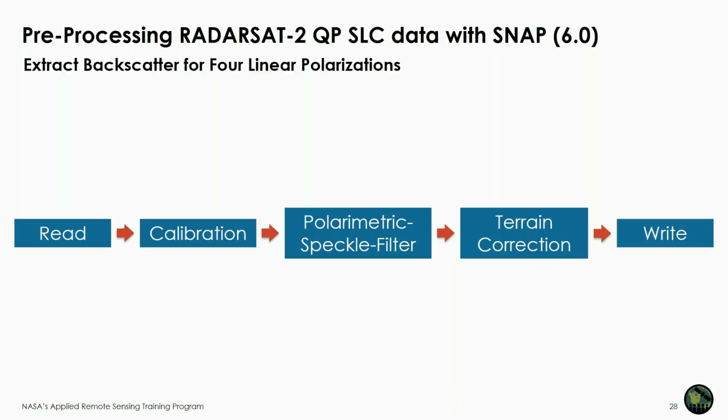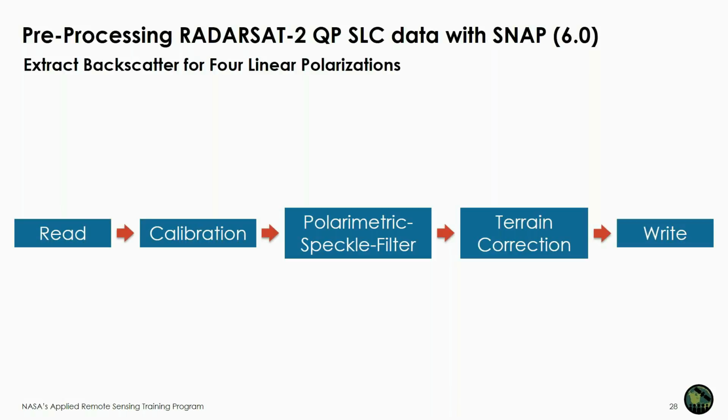SNAP is open source software for Earth observation data processing and analysis. Today, we will cover two major areas. The first one is extracting backscatter and polarimetric parameters from RadarSat-2 fine quad-pol SLC data. The second main part is processing Sentinel-1 data for crop classification.